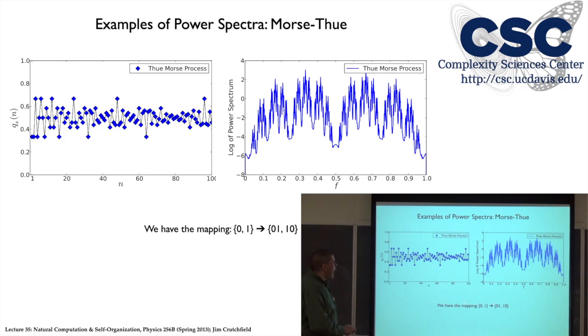Okay, so I start off with, let's say, a 0, and I do the following mapping. Everywhere I see a 0, I replace it with a 0, 1. So my first iteration would just go from 0 to 0, 1. Now I have a 0, 1. I do this mapping over again. Everywhere I saw a 0, I now put another 0, 1. So the first is a 0, so I get a 0, 1.